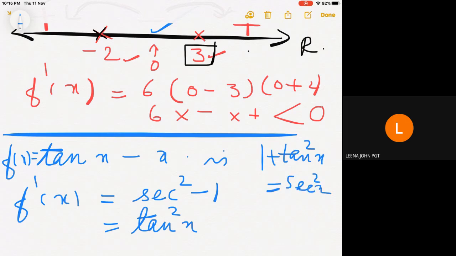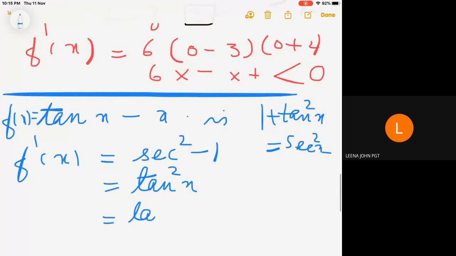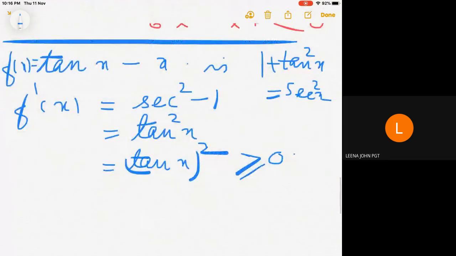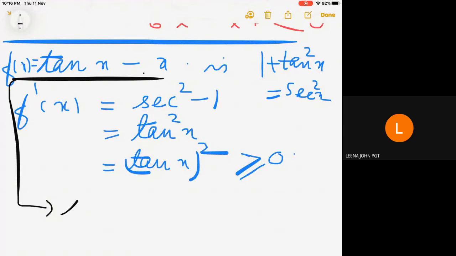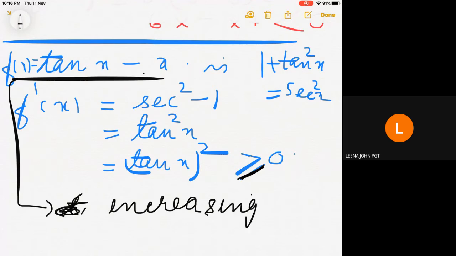So tan square x is nothing but tan x whole square. So it is always greater than or equal to 0. So that means this function is always increasing, not strictly, because equal to also is coming. So it is an increasing function, increasing for every x in R. That means it always increases.